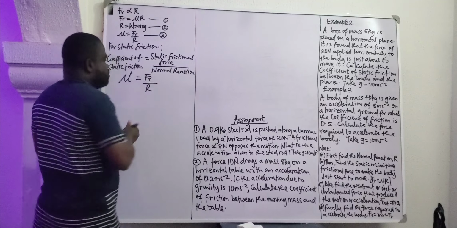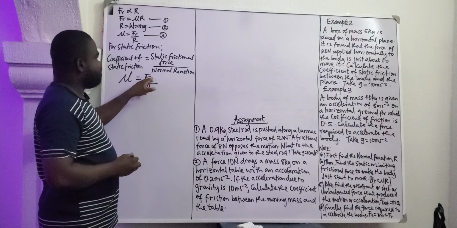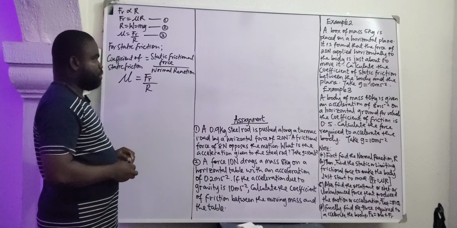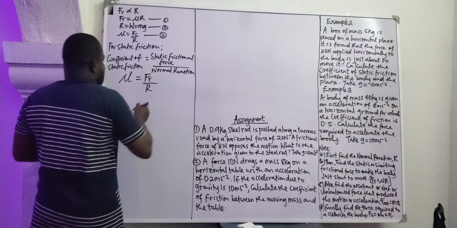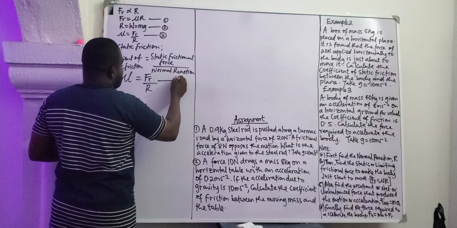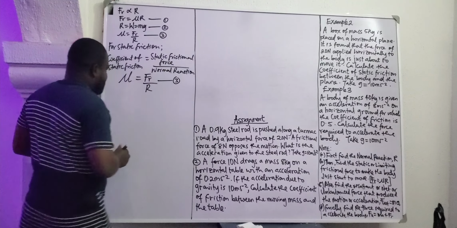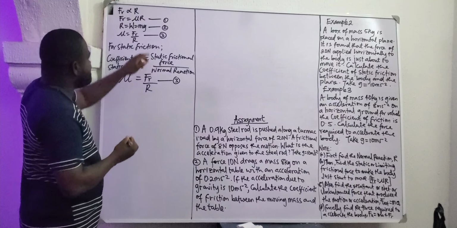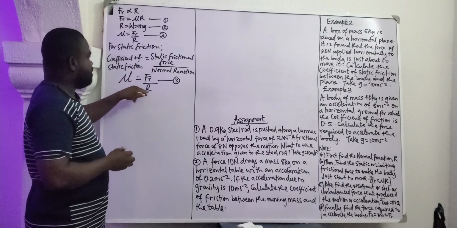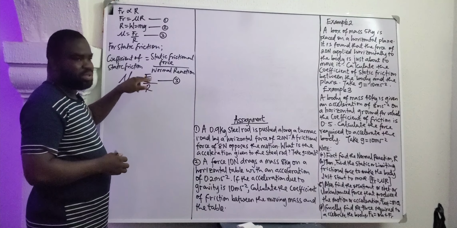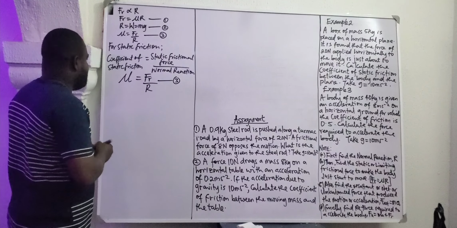Then I am also retaining this initial for static frictional force. I hope you understand what I'm saying. I will still say more about that. This is still similar to our equation 3, as we said, because I didn't make changes. So I'm using this general equation for coefficient of friction to also mean coefficient of static friction. That's the point I'm making.